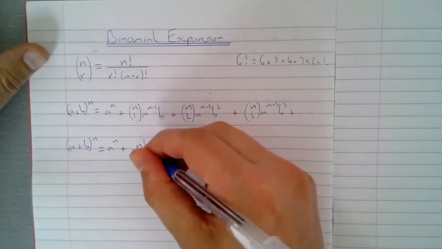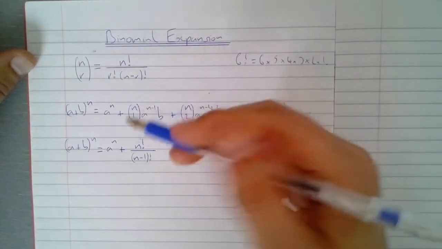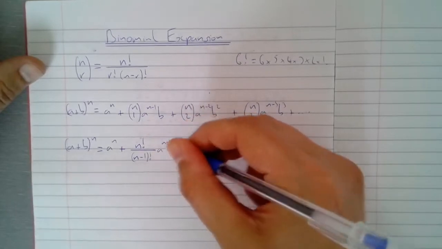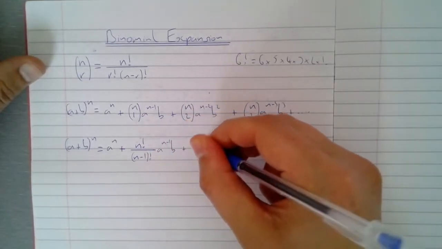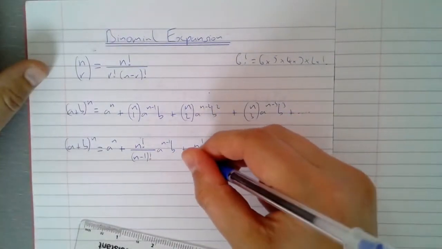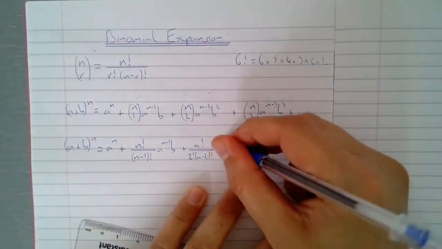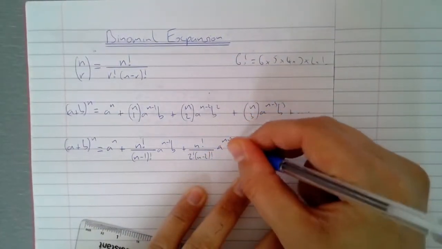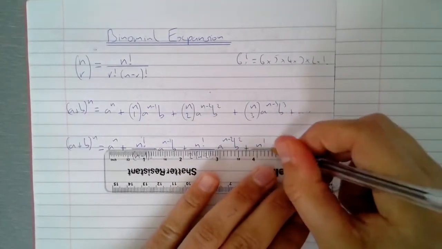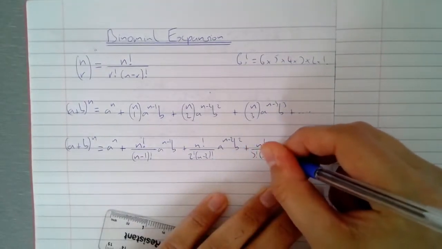So all I'm doing is sticking 1 in here and here. A to the n minus 1 b, plus n factorial over 2 factorial n minus 2 factorial, a to the n minus 2 b squared, plus the last one, n factorial, well, the last one for now. Hopefully it's a bit obvious later why I keep stopping here and not other places.